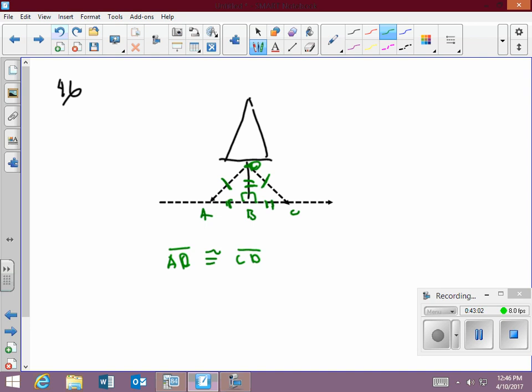Is this problem similar to 45? Because it looks the same to me. Yeah, it might be. I guess I'd have to read it closer.